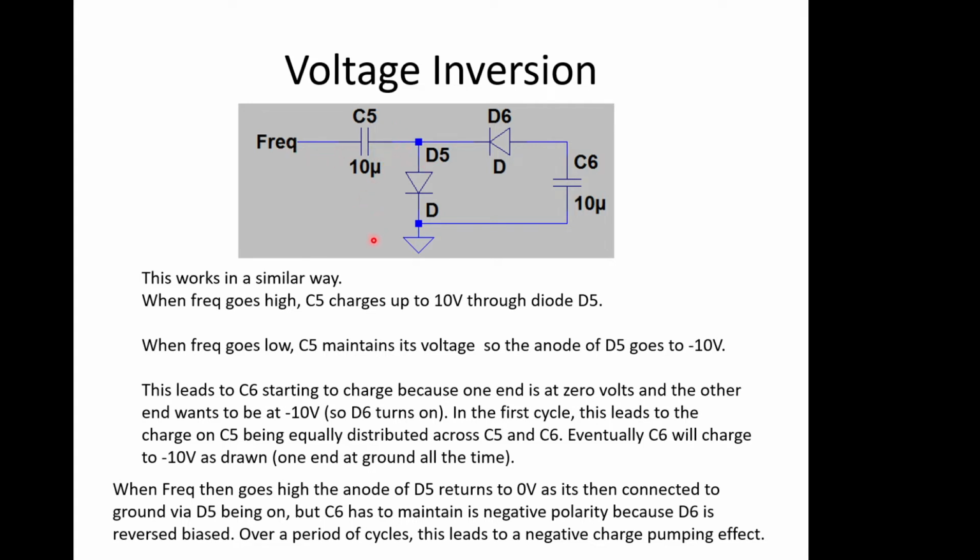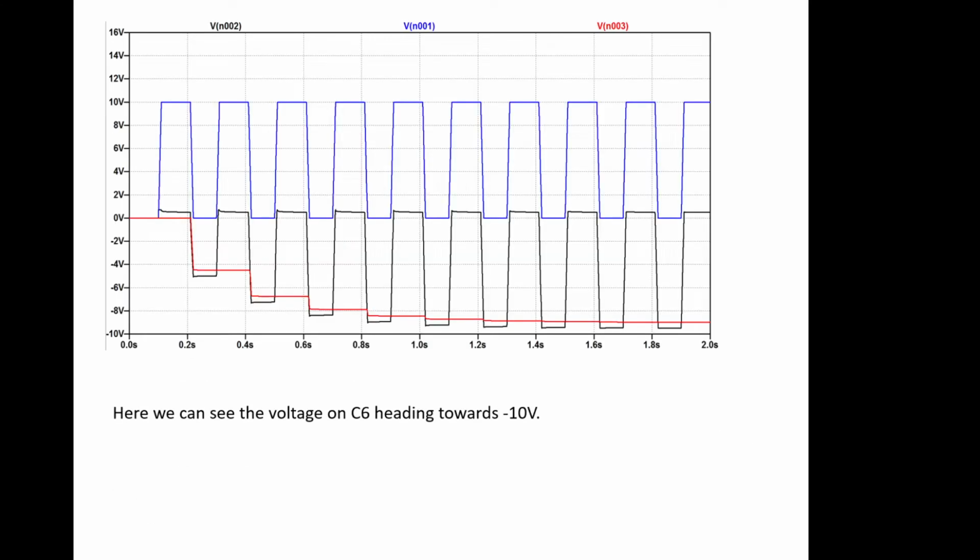That leads to C6 starting to charge, because current can go this way, because this is negative with respect to this, so this one charges up, and we'll end up with effectively the negative voltage of minus 10 across here. And then we repeat the cycle again, but it pumps it, and it leads to a negative charge pumping effect, because we're generating a minus voltage across the output capacitor.